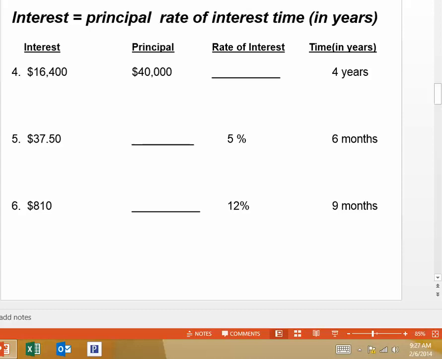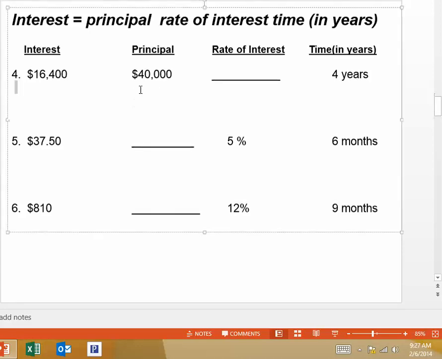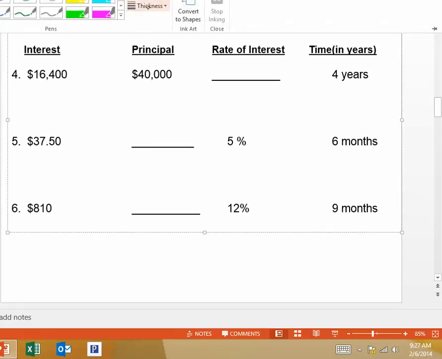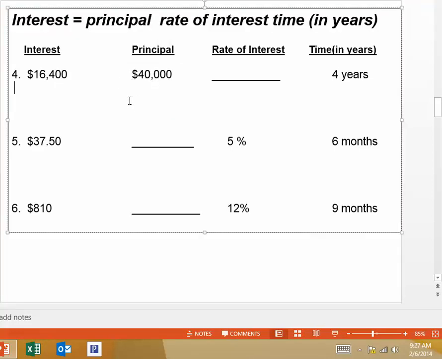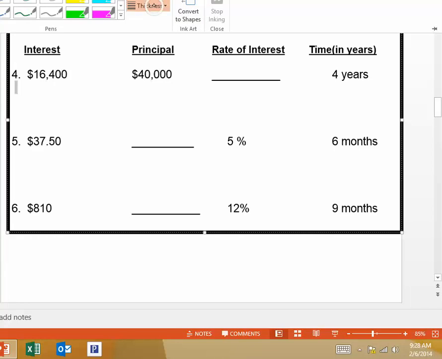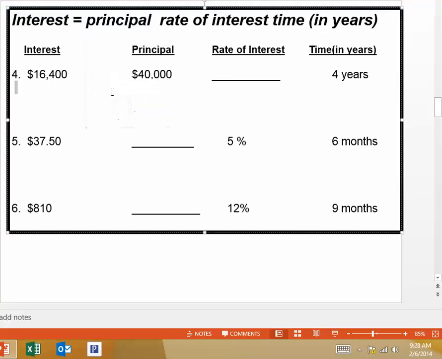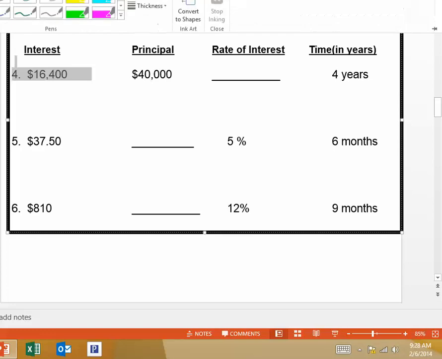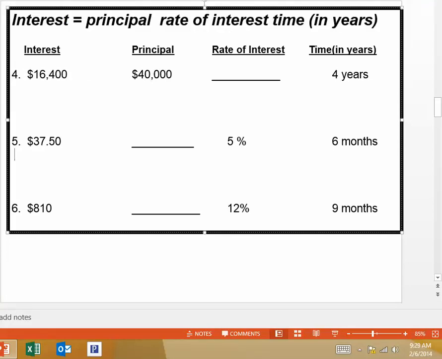Once again, we do not know what the rate of interest is, so we would still do the same thing. We're going to use our formula. In example number 5 here, now you would have to find the principal.